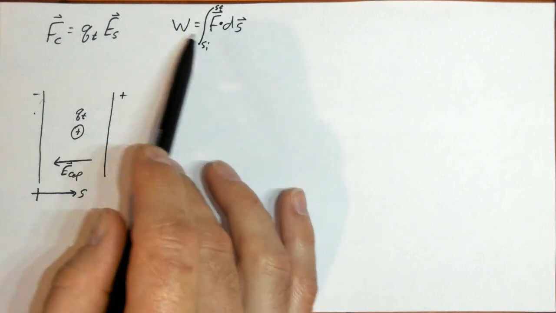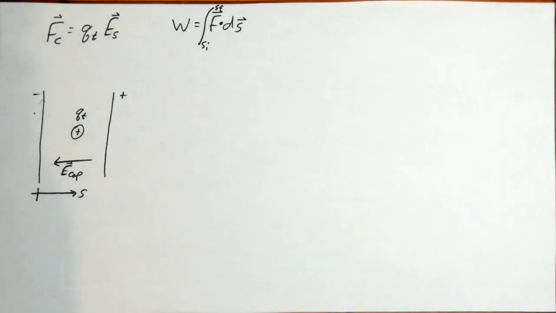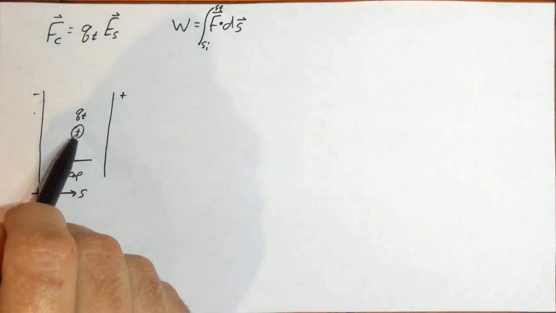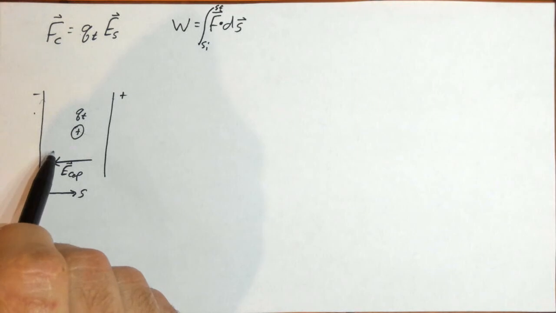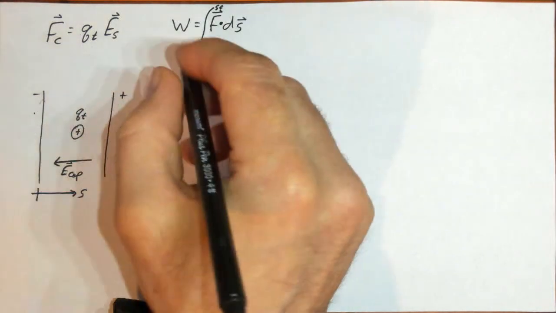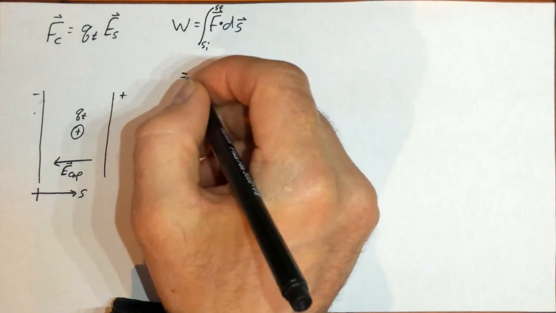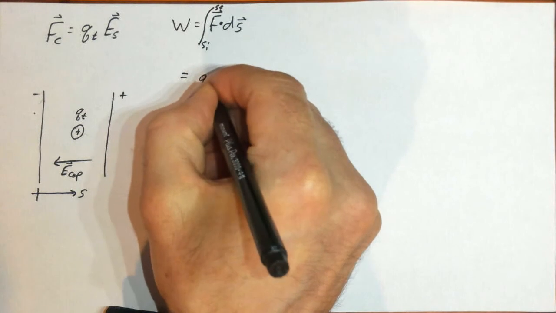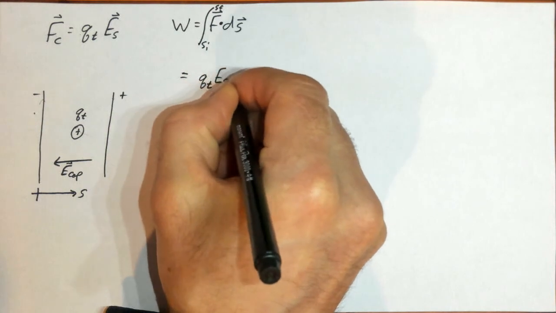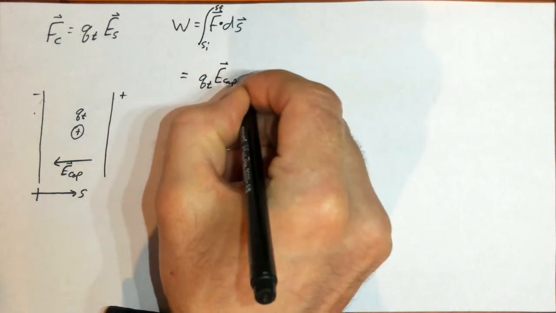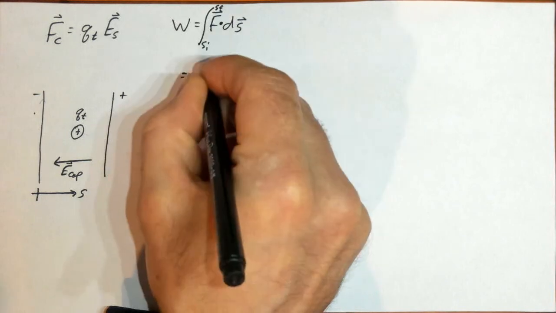So reviewing that. All right? And so in this case, what is the work done on the particle by the capacitor? Well, we can write that the force on it is Q test times the electric field of the capacitor, dotted with ds.